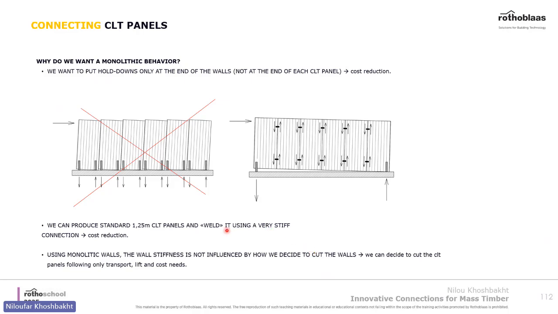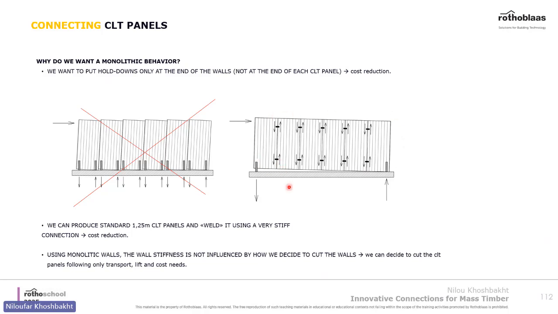Imagine if you're using hold downs on every panel, you end up with something like this, which is less rigid than a whole. But imagine if you have something that can weld these walls together, like this system.